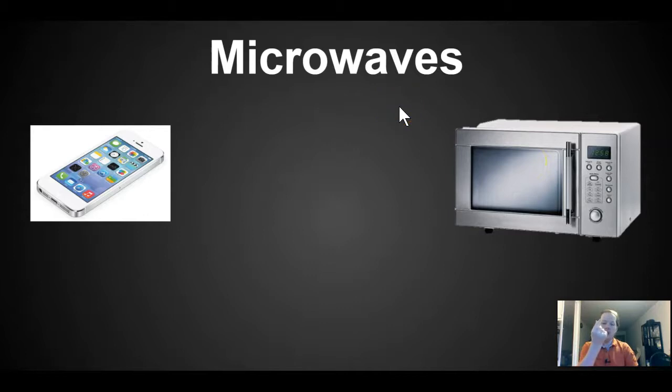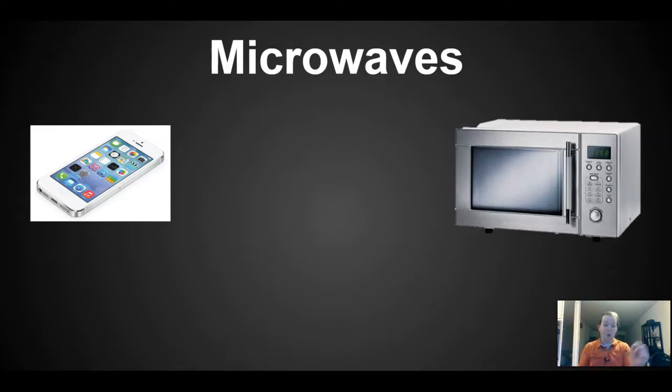Microwaves make water particles vibrate. That's how a microwave works. The microwave light makes water vibrate, and you get a lot of vibration, and that causes friction, heat.